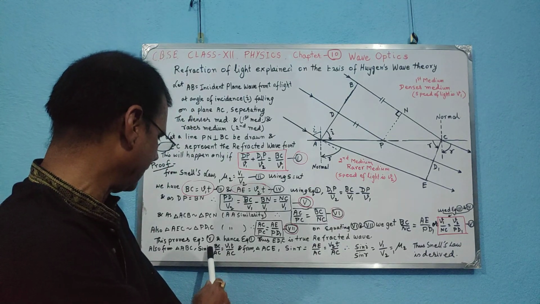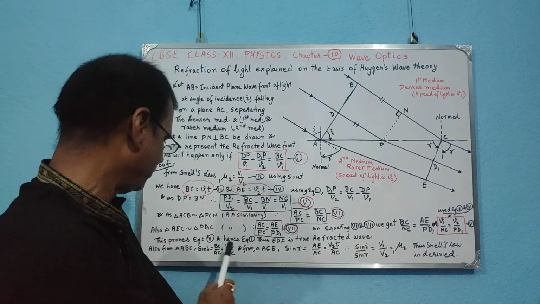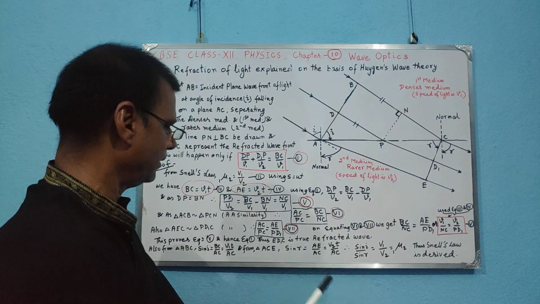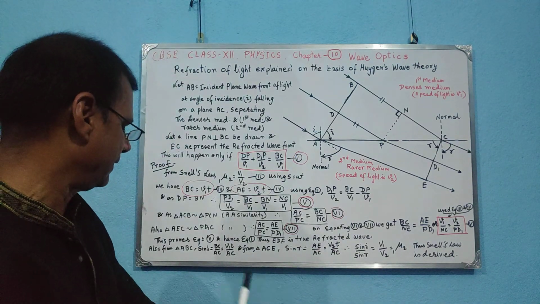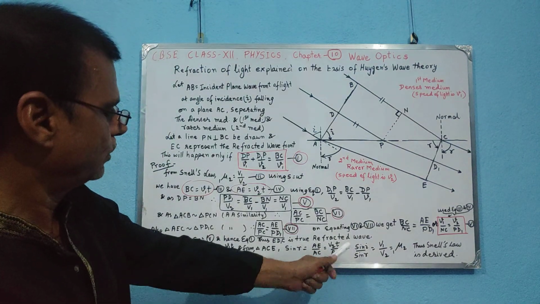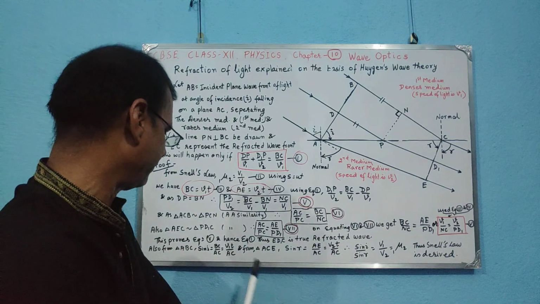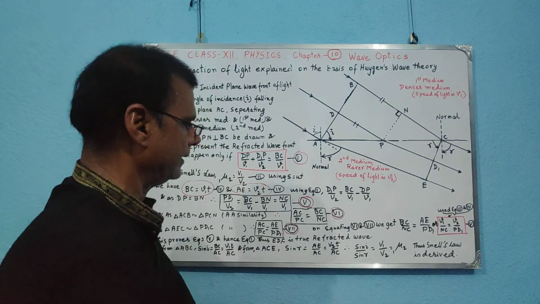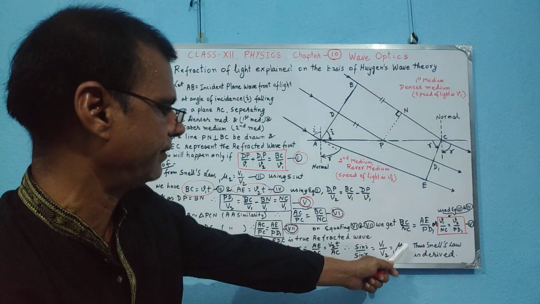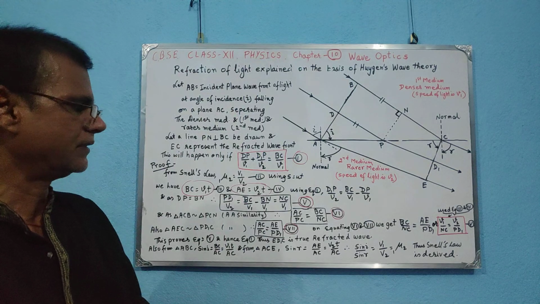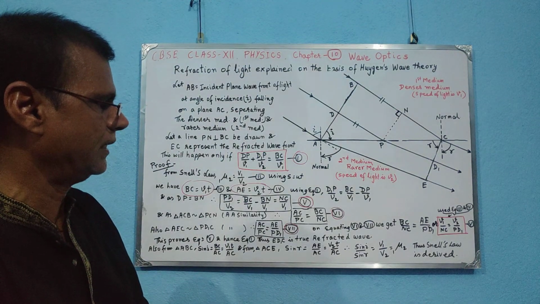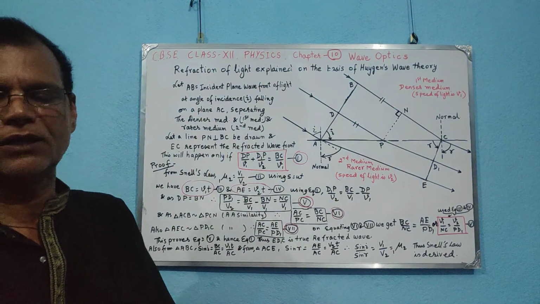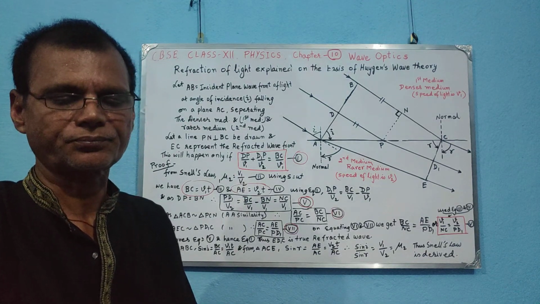Now if you divide sin i by sin r, AC is common in the denominators so they cancel, and T is common in the numerators so they cancel. Therefore we are left with sin i by sin r equal to V1 by V2, and that is nothing but, by the basic definition, the refractive index of the second medium with respect to the first medium. This is how we have also proved Snell's law.